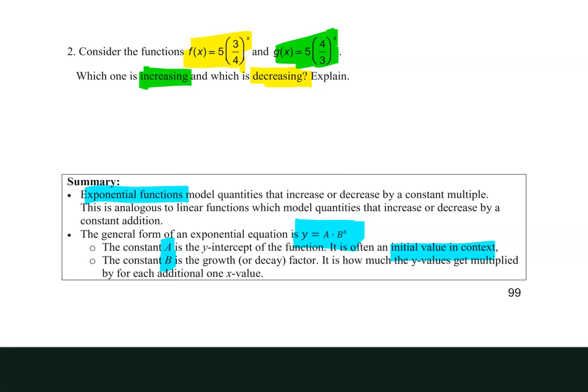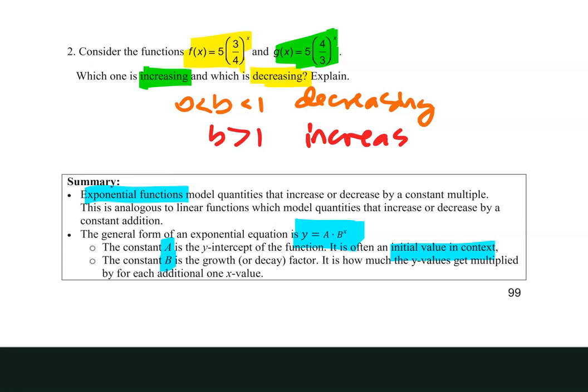So when b is less than 1 and greater than 0, it is decreasing. And look at the b here, it's 4/3. When b is greater than 1, it is increasing. Okay, so take note of that. Alright, so that's it for activity 1, and thank you.